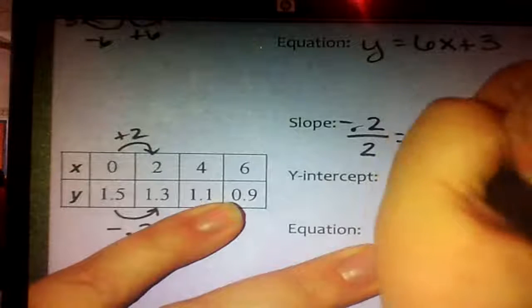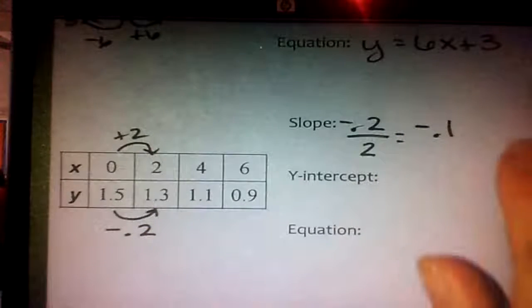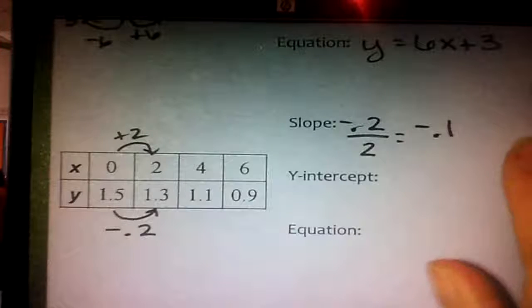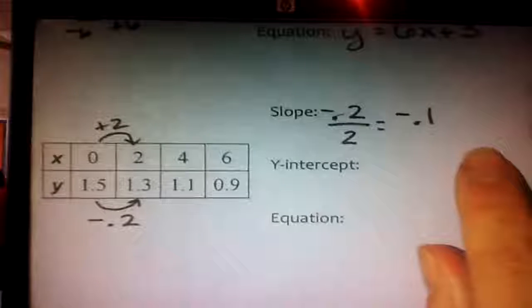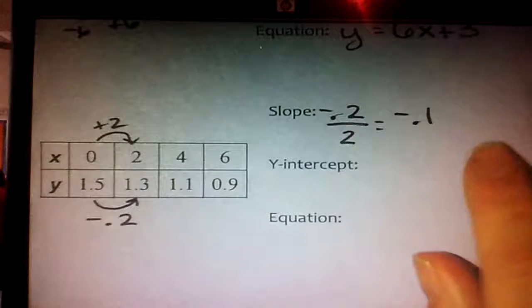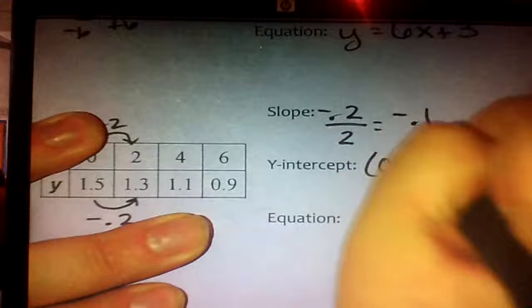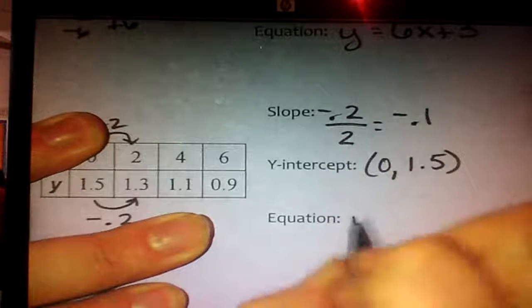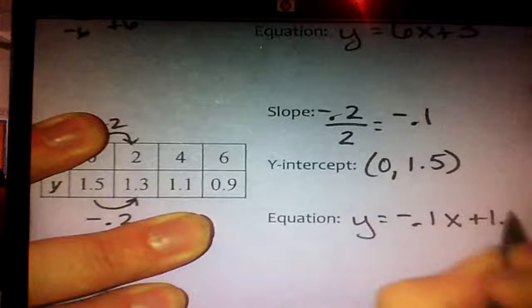That's the only thing I'm seeing. If that's the most difficult we have right now, I'm okay with that. So this reduces down to negative 0.1. Your y-intercept is 0, 1.5. So you should have y equals negative 0.1x plus 1.5.